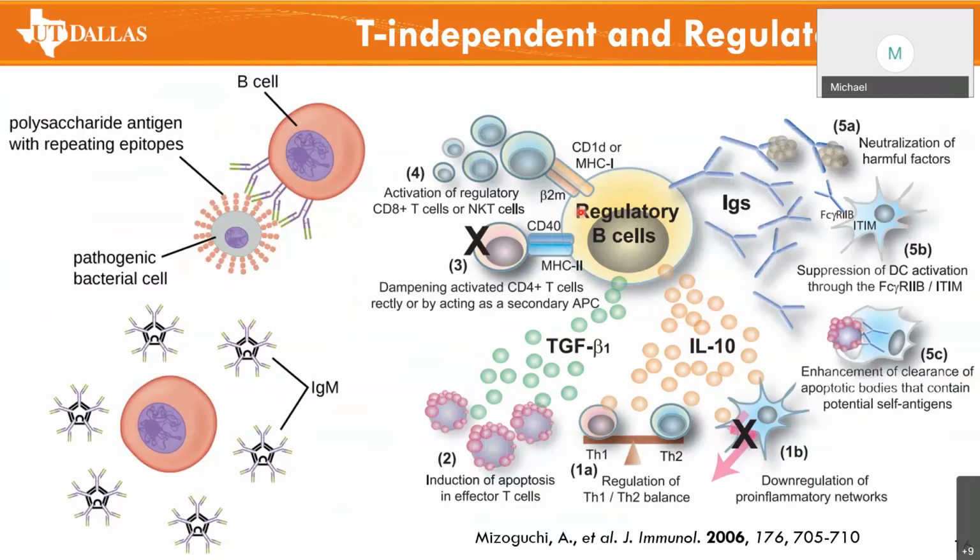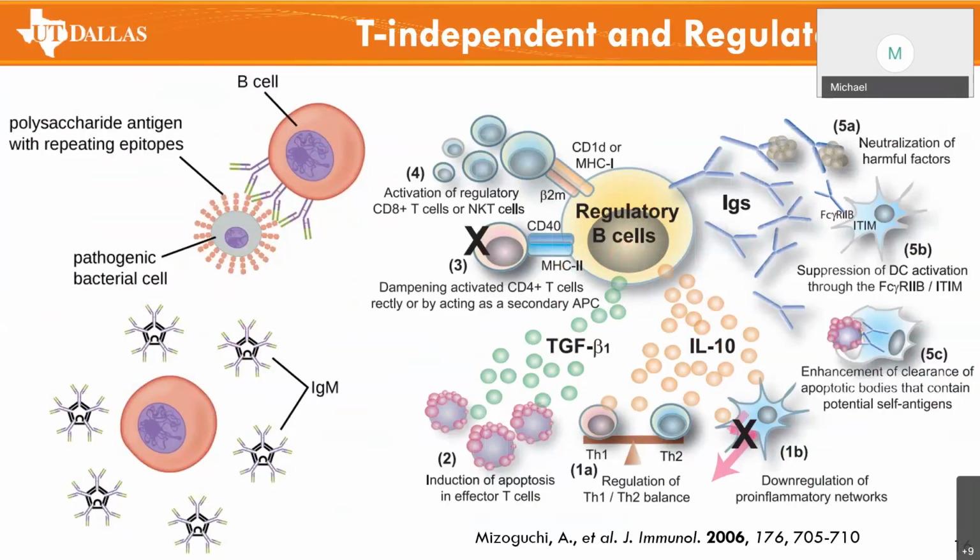So regulatory B cells basically lower the pro-inflammatory response, and they also are, at least in literature, thought to be the reason for activation of regulatory T cells.